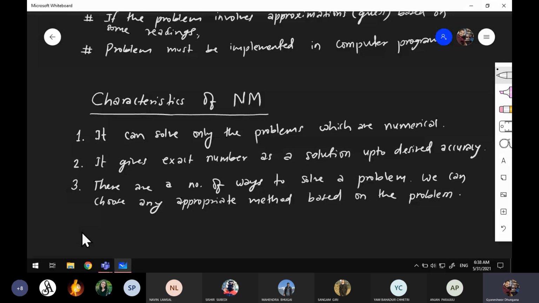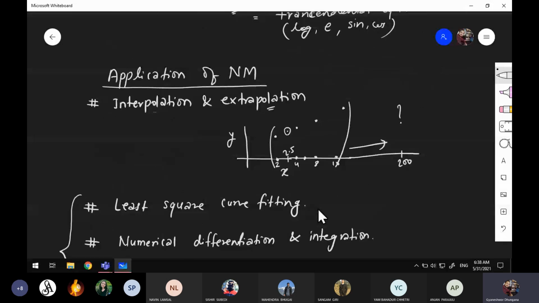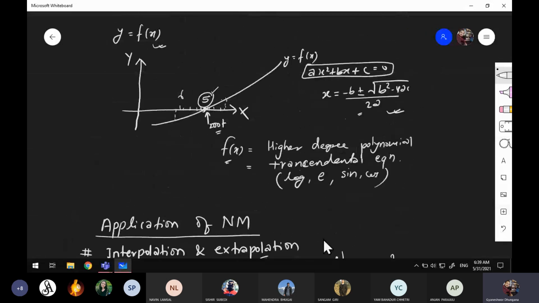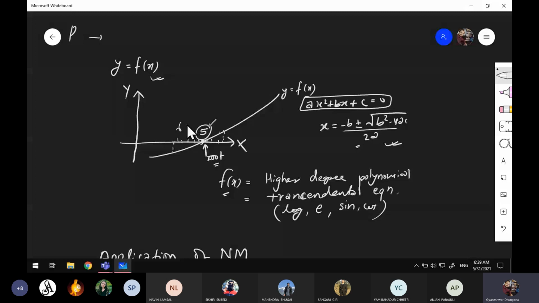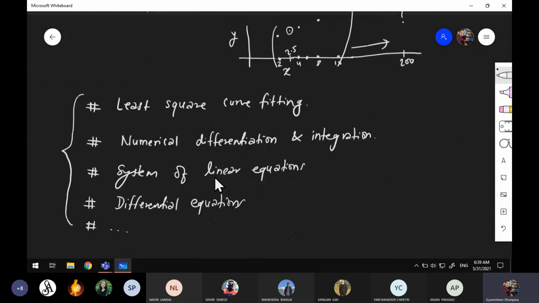I have already given an example of finding the root of any given equation. If we want to find the root of any given equation, there are a number of methods, a number of ways, and we can choose which method will be best for the problem, depending upon the nature of the problem.